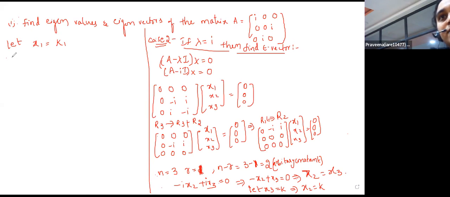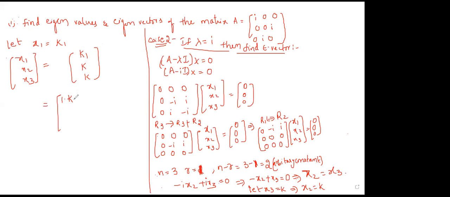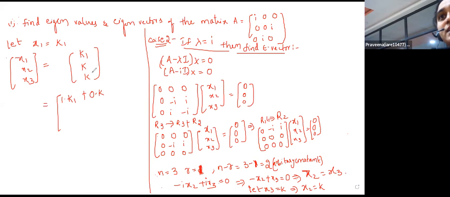Therefore, here the eigenvector x1, x2, x3 is equal to what? k1, k and k. x2 is k and x3 is k, right? From that, now I'll write it as 1 into k1 plus 0 into k. Is there any change, ma?